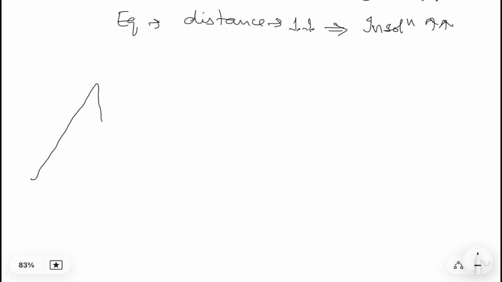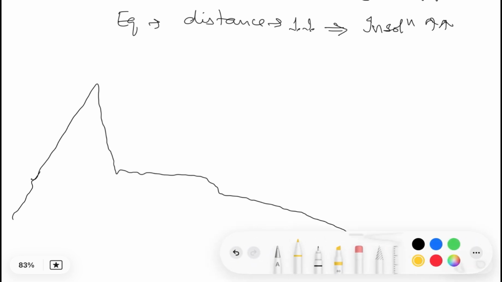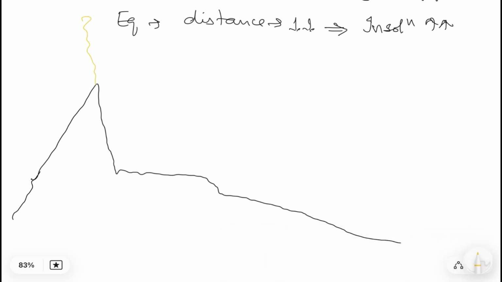So there are mountains, then there are plateaus, and there are plain areas. When the incoming solar radiations are coming, these are the first to receive the incoming solar radiation. These are the mountains, these are the plateaus, this is the plain.